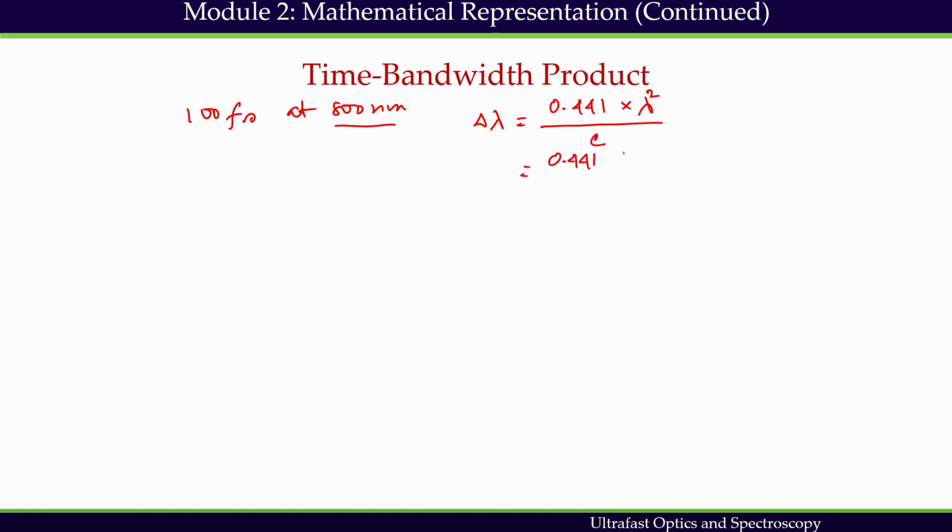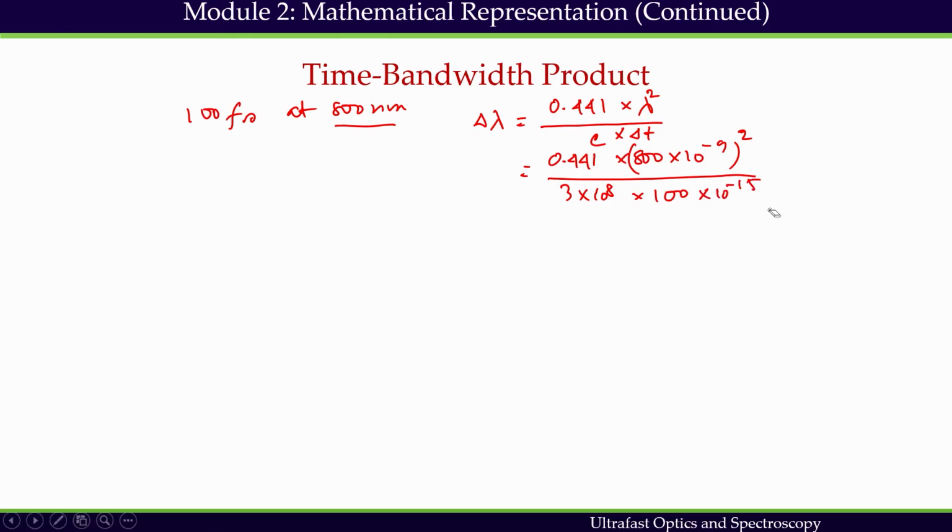0.441 multiplied by 800 multiplied by 10 to the power minus 9 square divided by 3 into 10 to the power 8 meter per second multiplied by delta T. So 3 into 10 to the power 8 meter per second multiplied by 100 femtosecond, 10 to the power minus 15 second.